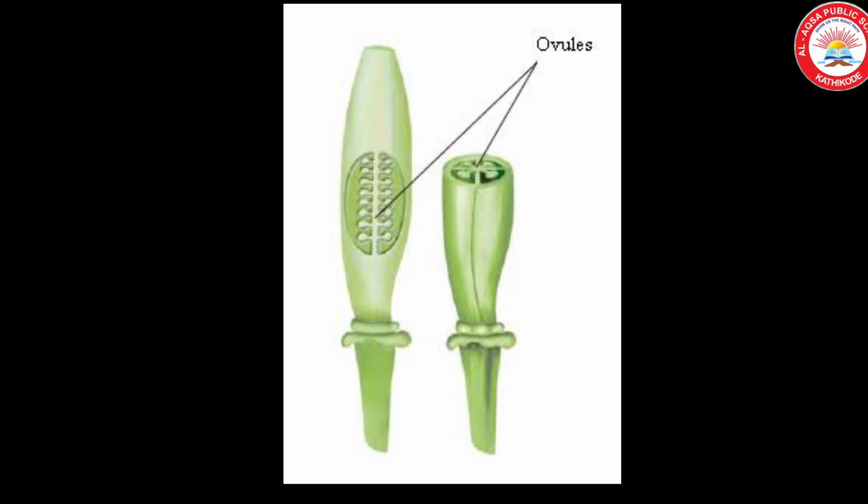Actually, ovary is the lowermost and swollen part of the pistil. If we cut an ovary longitudinally and transversely, we can see small bead-like structures inside the ovary. These are called ovules.